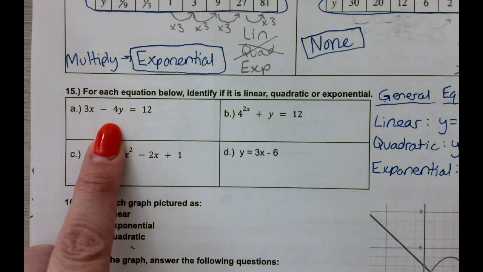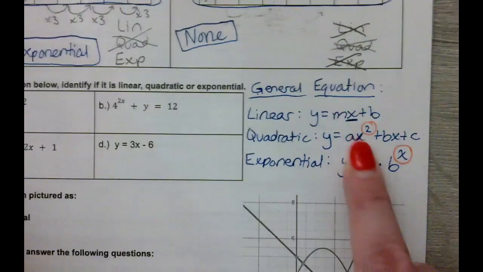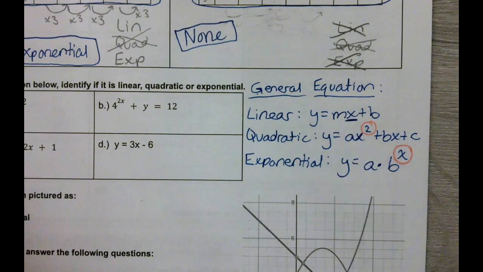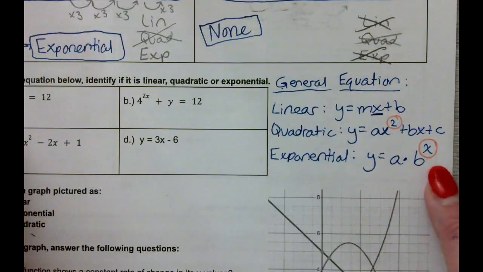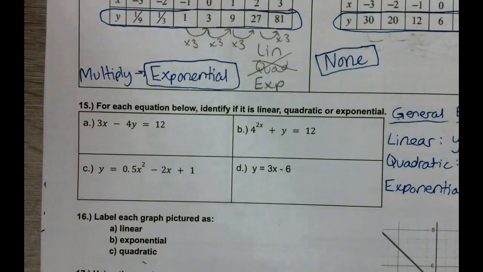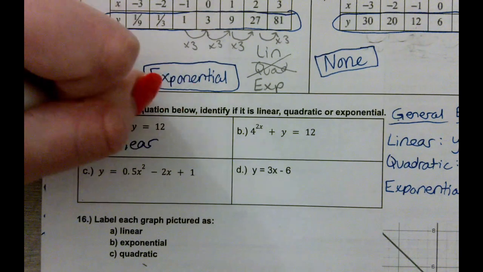This does not have x squared in it. It's just a plain x. Once again, plain x should be your indicator. This is linear, but if not, you don't have an x squared, so it's not quadratic. And then exponential, x is literally the exponent. We don't have that here either, so the only option it could be is linear. So if you're not sure, use process of elimination.